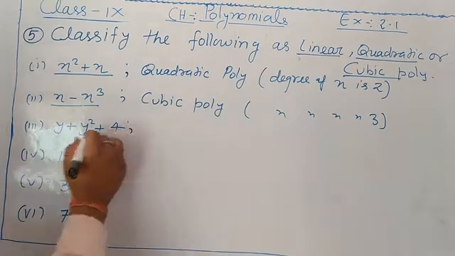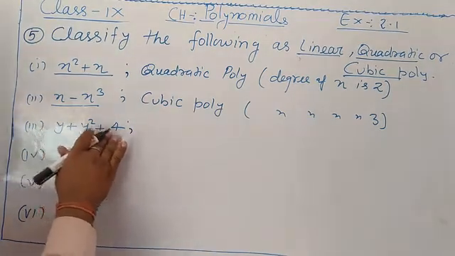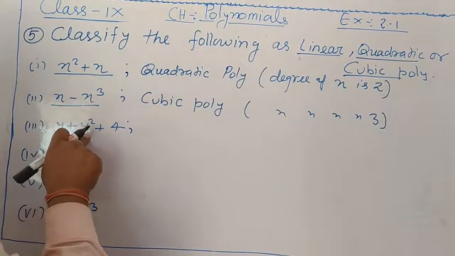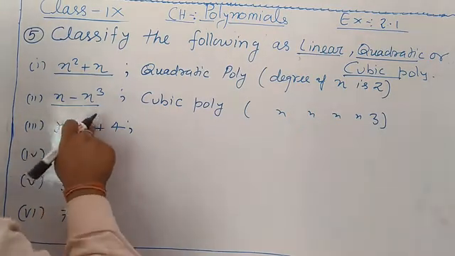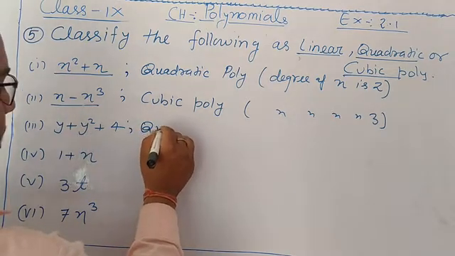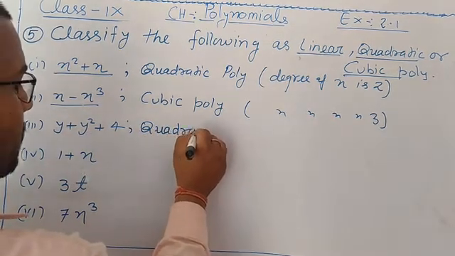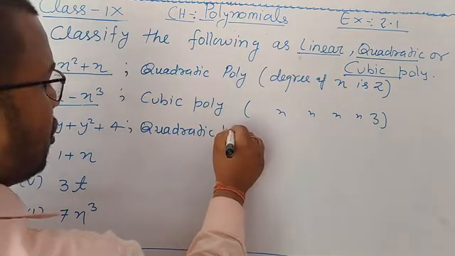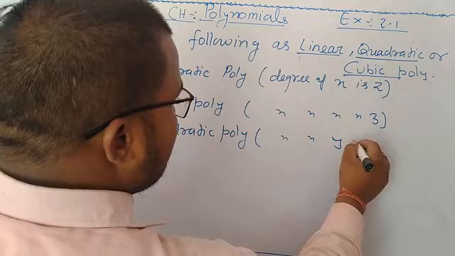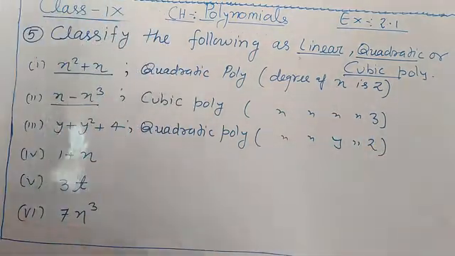Next question, student. y plus y square plus 4. y is the variable and the maximum power is 2. So this polynomial is quadratic polynomial. Degree of y is 2.